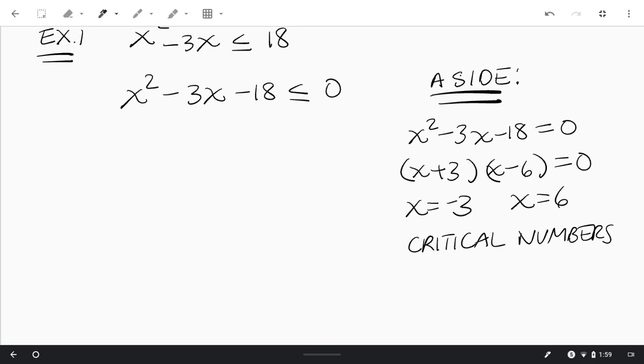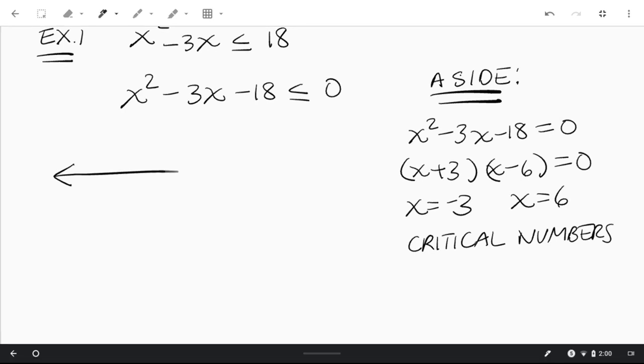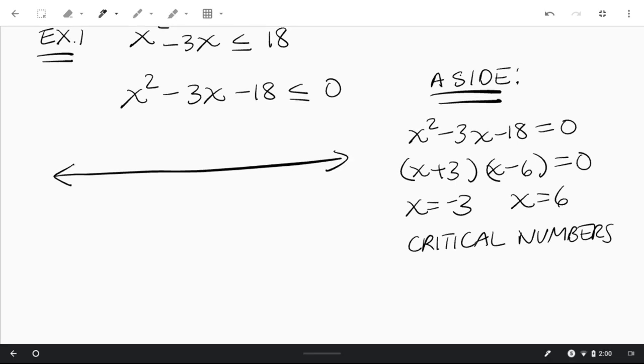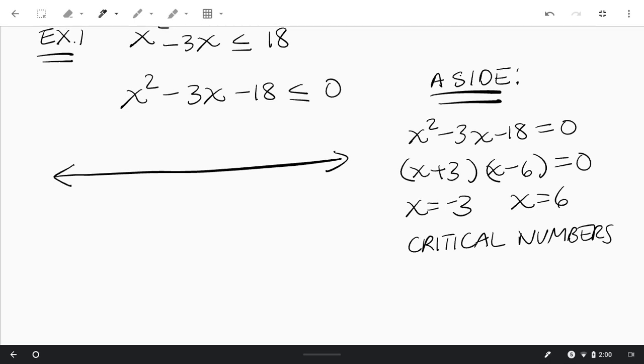Okay, so we're going to take these critical numbers, negative 3 and 6, and plot them on a number line. Okay, so negative 3, somewhere down here, and positive 6, somewhere over here.